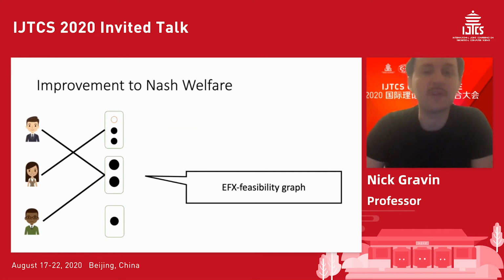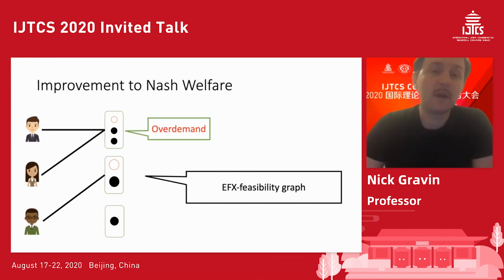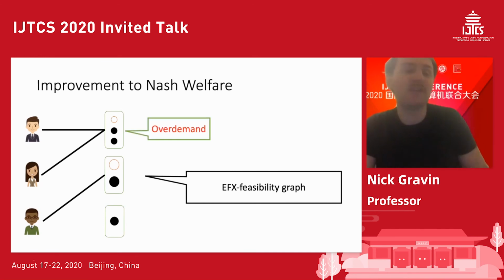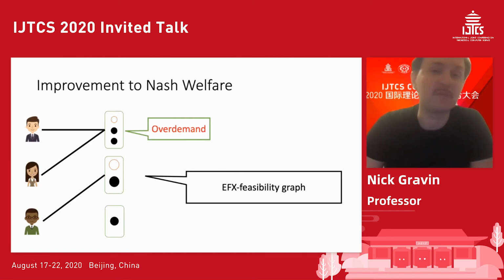Let's say the first and third agents moved away to the second bundle. Again, we have some over-demand. We again remove an item to resolve the over-demand. Let's say we made sure that the third agent would still be happy to get the second bundle. And now maybe the first agent would like the first bundle. So we have an over-demand situation again for the first bundle between the first and second agents. So we remove an item there.